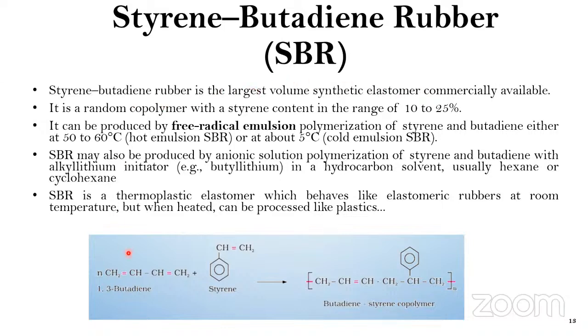It is made of 1,3-butadiene and styrene. This is the copolymerization, and it happens by free radical emulsion polymerization. This SBR can be formed by two methods: you can get it either from emulsion polymerization or from solution polymerization.